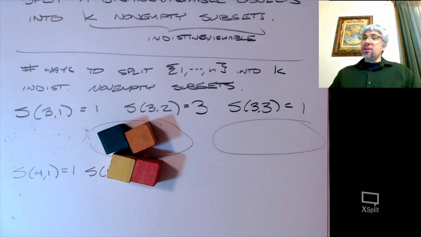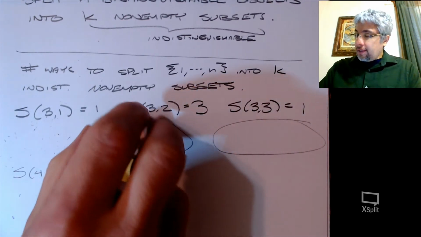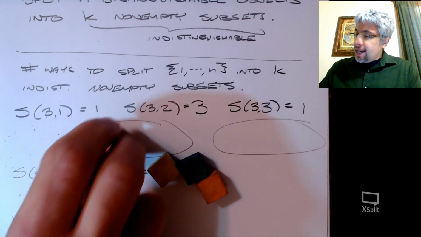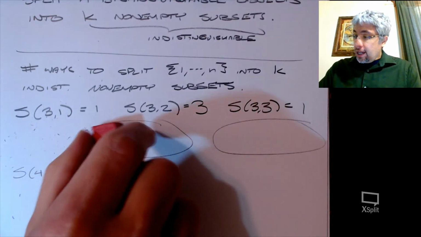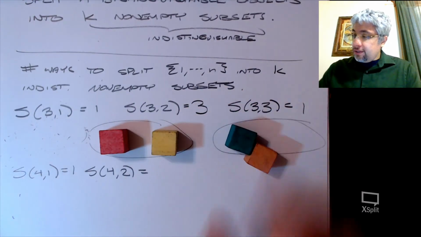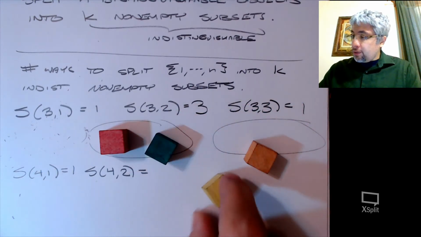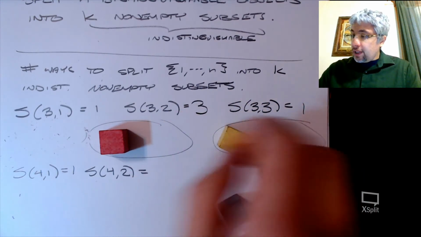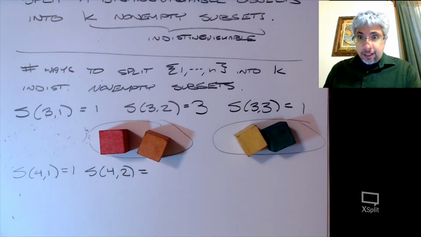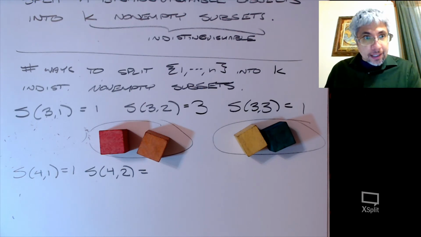I can't do a 0-4 split. I could think about this as red has to get paired up with something. If red gets paired up with yellow, then these 2 are together. If red gets paired up with green, then those 2 are together. And if red gets paired up with orange, then those 2 are together. So that's 3 possibilities for the 2-2 split because red must get paired with something.